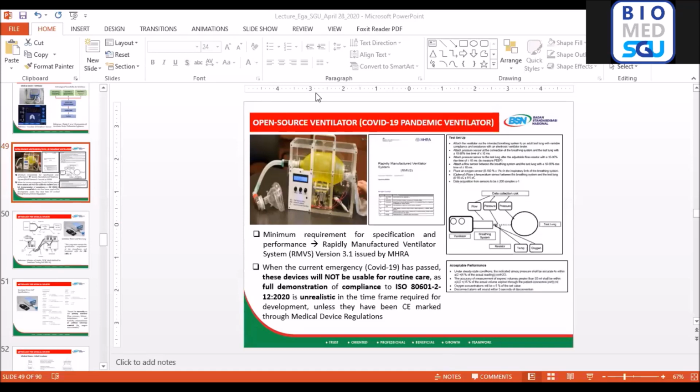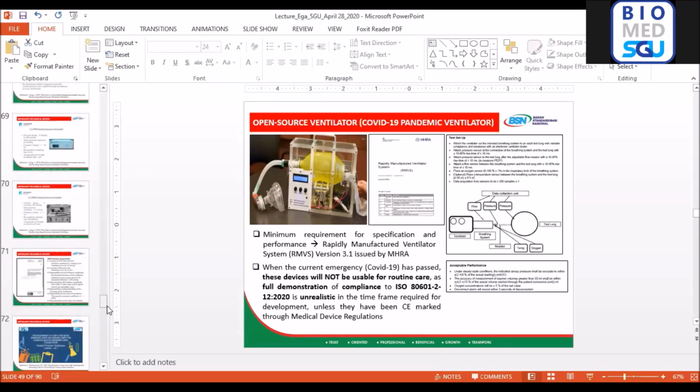Is there any scientific reason for that? The second question is about the standard. There are three types of standard: working standard, reference standard, and primary standard. Must all the medical devices fulfill all three types of standard, or only one or two of them?